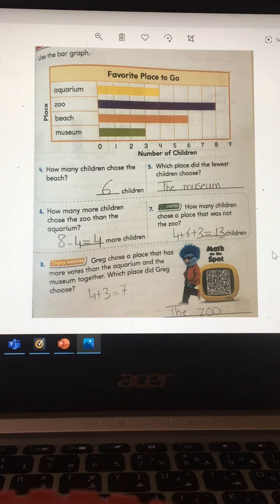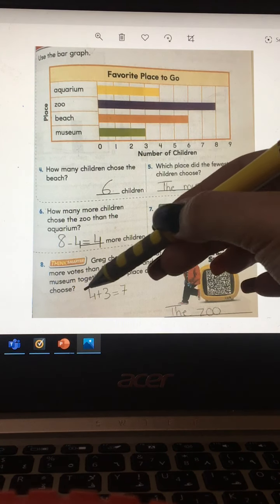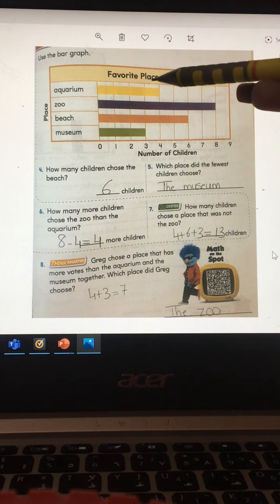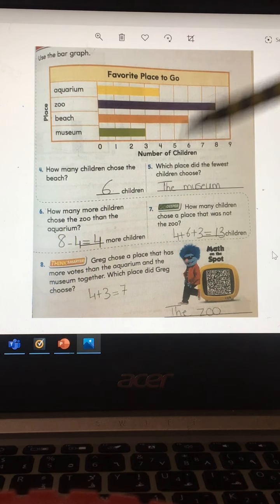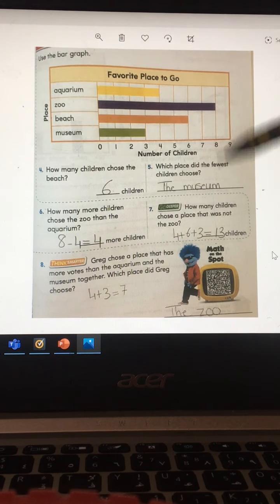Greg chose a place that has more votes. Now, the total number of both places, the aquarium and the museum, is 7. I want a place that more children voted for. The place is obviously the zoo because 8 is bigger than 7, of course, as we all know.